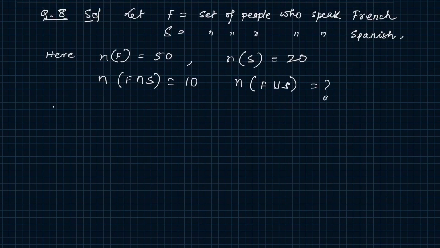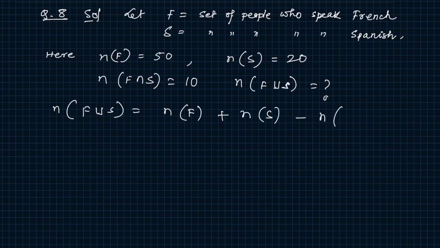So it's very simple. That's equal to the number of elements in F plus the number of elements in S minus the number of elements in F intersection S. So when you find the union, then it must be the intersection, that's the logic here.